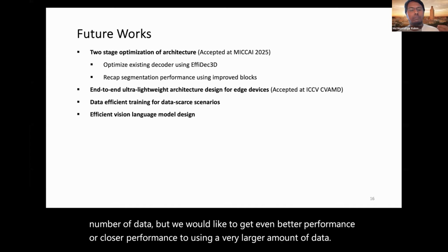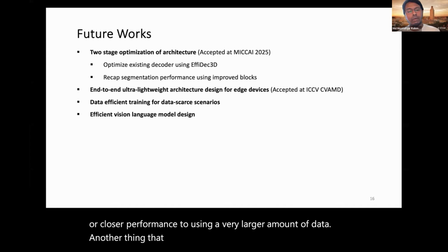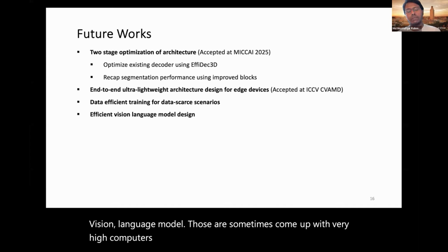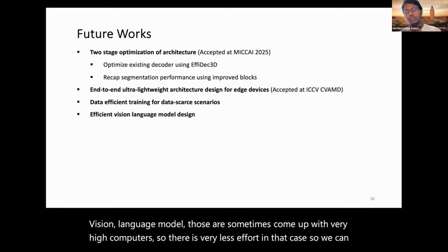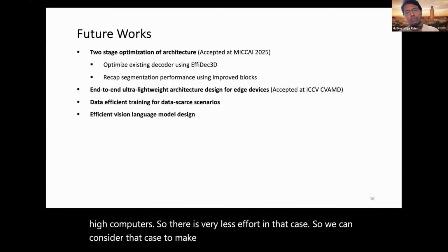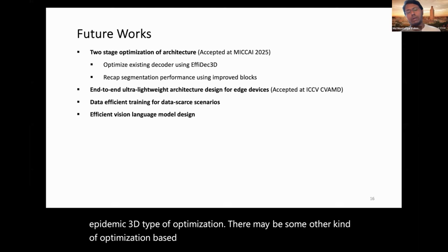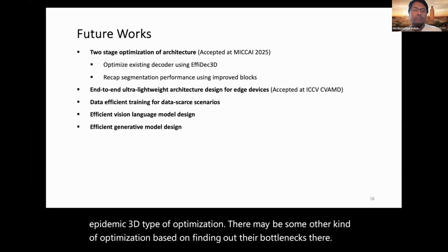Another thing that I believe is also important is vision language models, which sometimes come with very high compute. There is very little effort in that case, so we can consider making them efficient. We may not need to use EffiDec3D-type optimization; there may be some other kind of optimization based on finding out their bottlenecks.